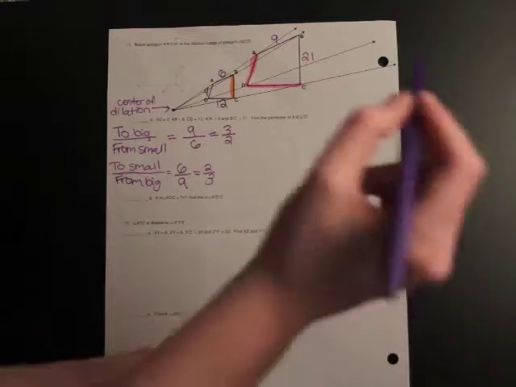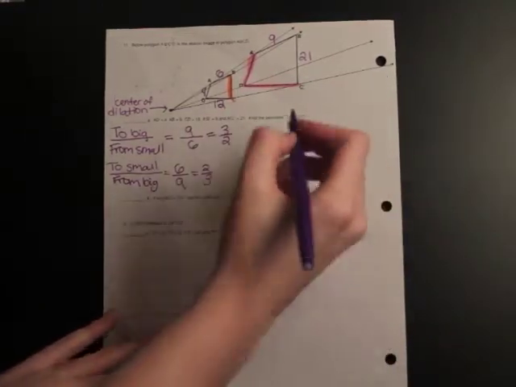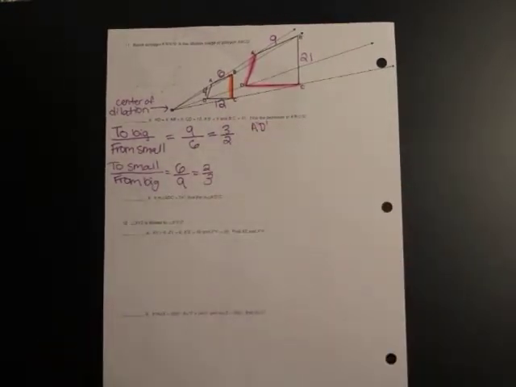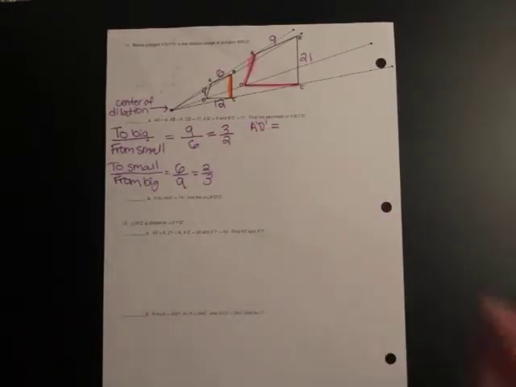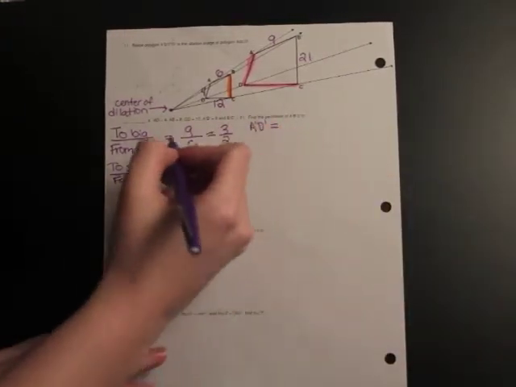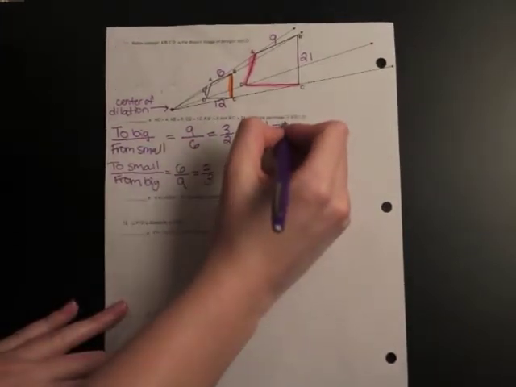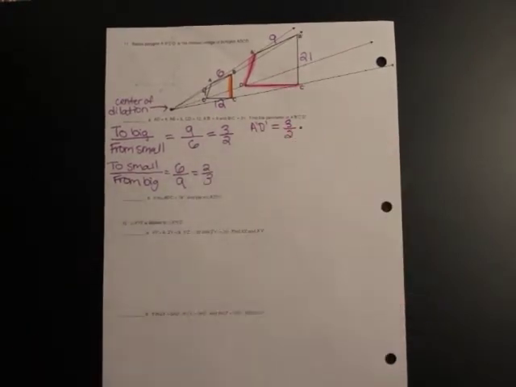Alright, next let's say we find side A prime, D prime first. Since we want to find the big side, we're going to the big shape. We're going to use this top scale factor. So we're going to do 3 over 2, and we're going to multiply that by the side that we need to find.